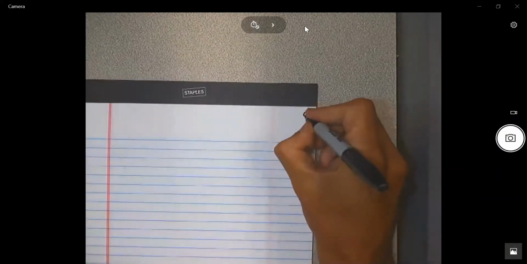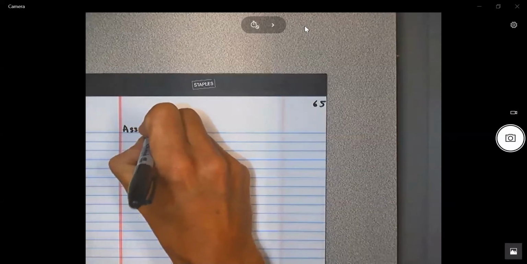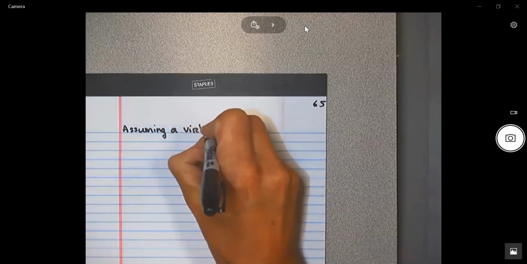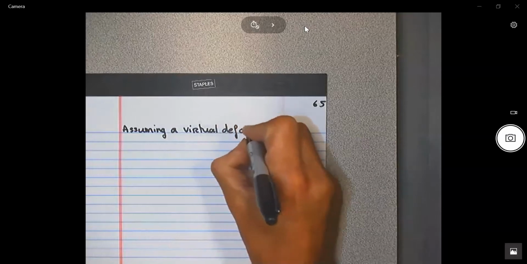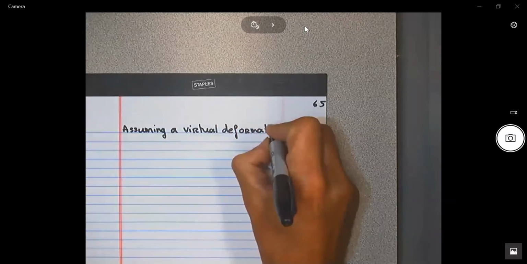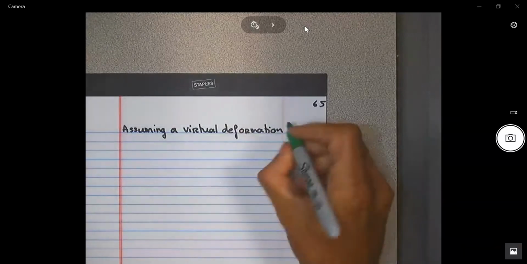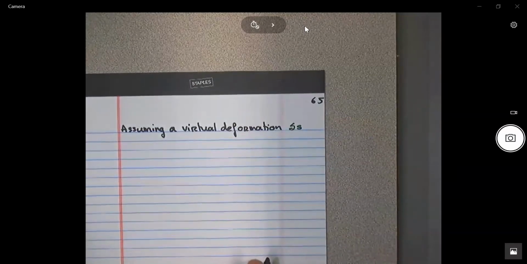All right? So if we say, assuming a virtual deformation, let's call it delta S, what would that give us?